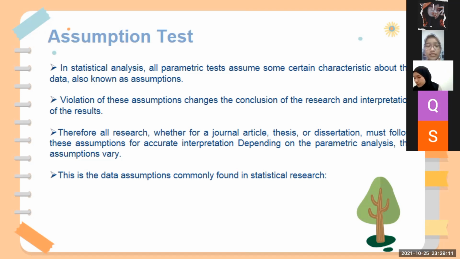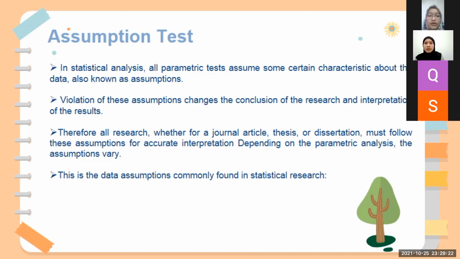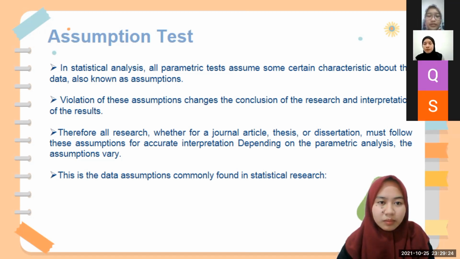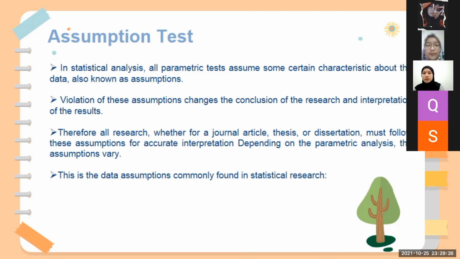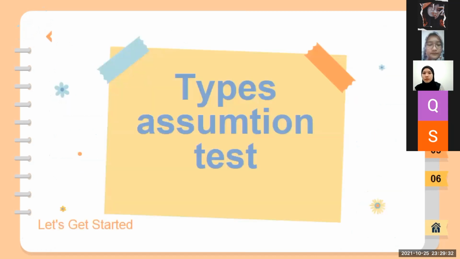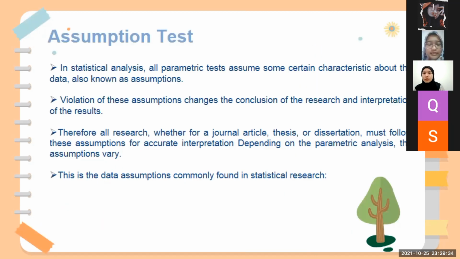Therefore, all research, whether for a journal article, thesis, or dissertation, must follow the assumptions for accurate interpretation. Depending on the parametric analysis, the assumptions vary. And these are the data assumptions commonly found in statistical research.